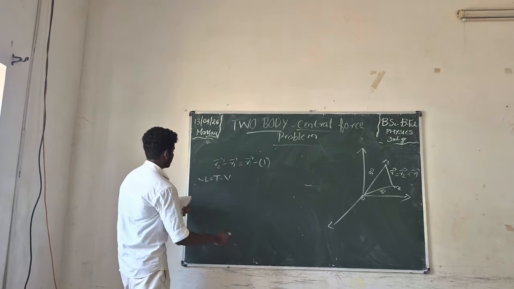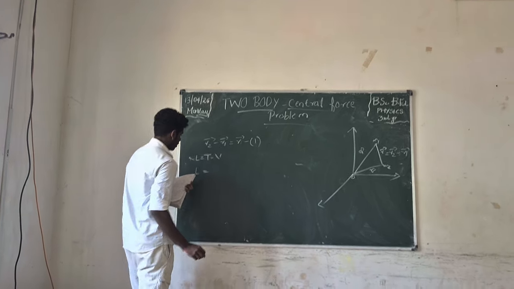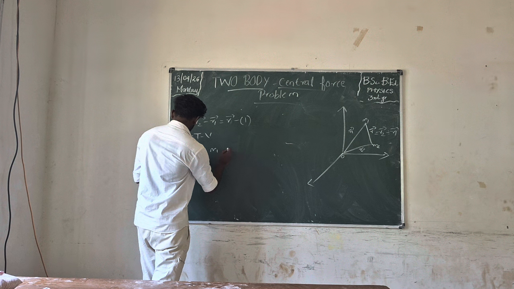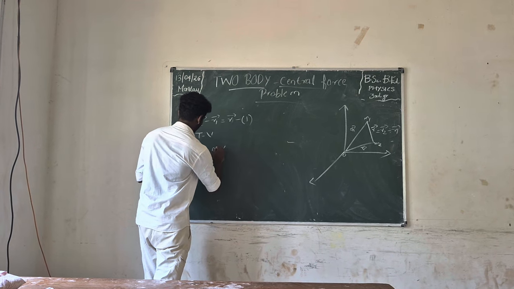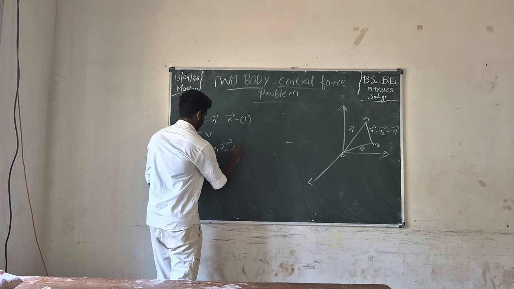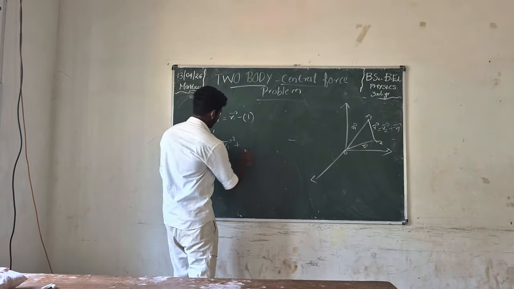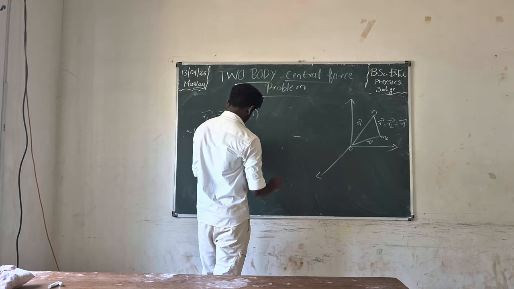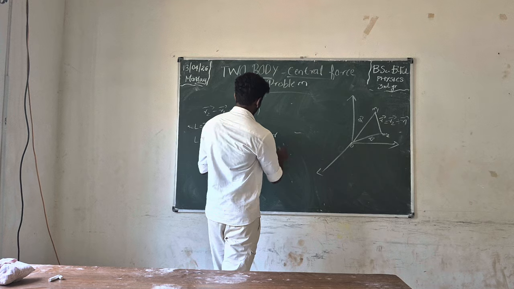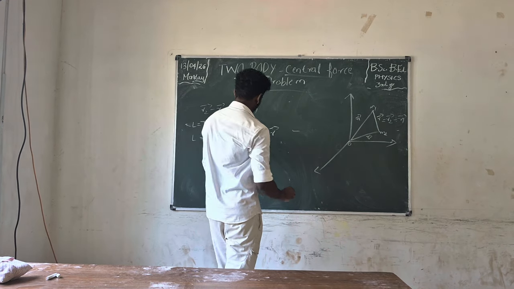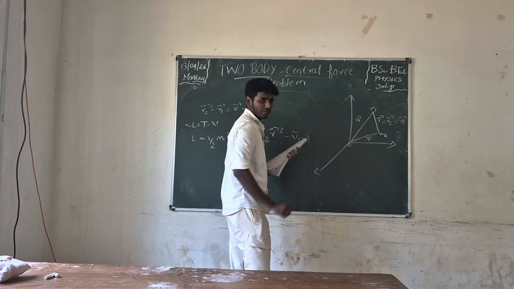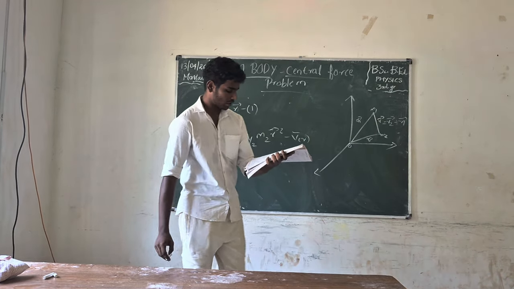So our L will become half m1 r1 dot squared plus half m2 r2 dot squared minus V of r. Okay.